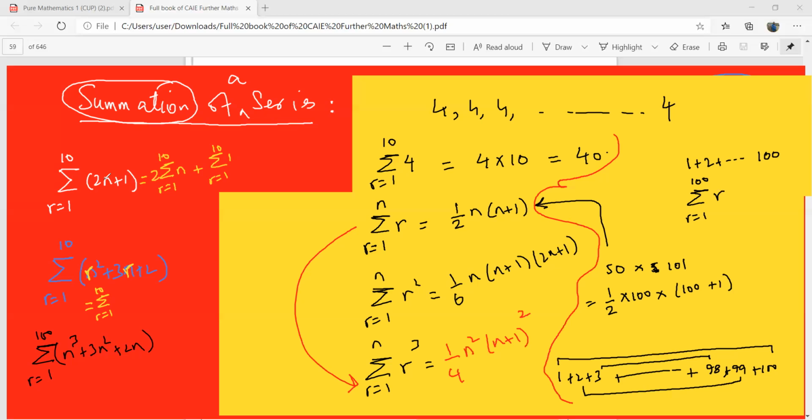You have to bring this coefficient out of the sigma sign. Then you have to apply all these formulas over here. Let me do one of them for you, and then you can go on to the exercise. Let me make some space here.